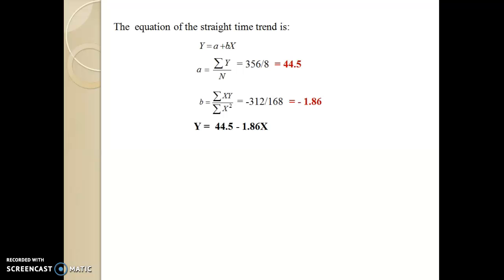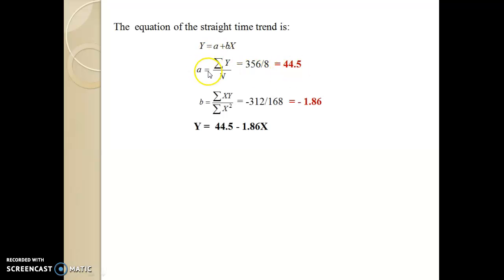As per the procedure, the equation of the straight line of time trend is calculated. The equation of the straight line is y is equal to a plus bx, where a and b are constants, and we get the values of a and b.